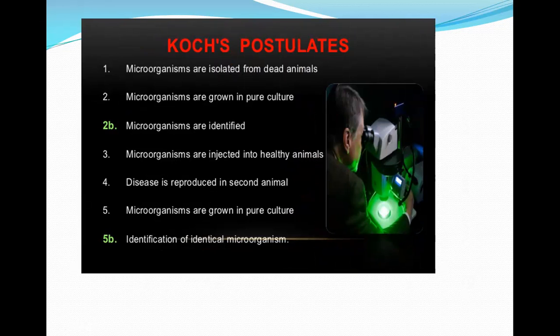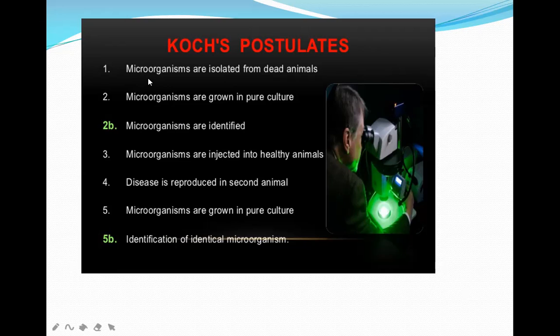Generally, nutrient agar is used for the growth of bacteria and potato dextrose agar is used for the growth of fungi. So in Koch's postulates, these are the steps for the confirmation of pathogenicity of the particular pathogen, whether this pathogen causes a particular disease or not. That is known as Koch's postulates.